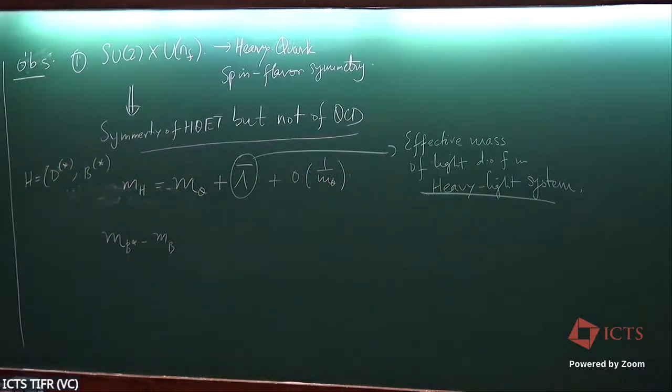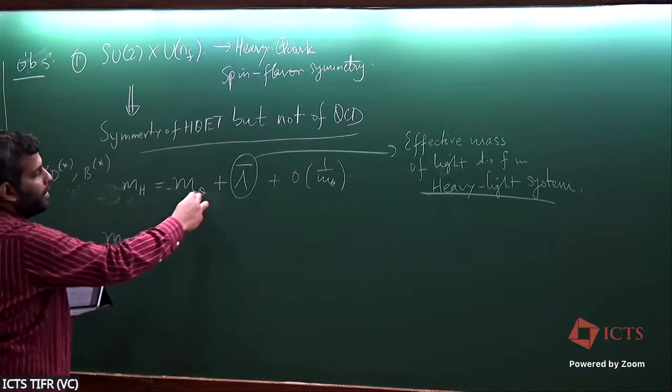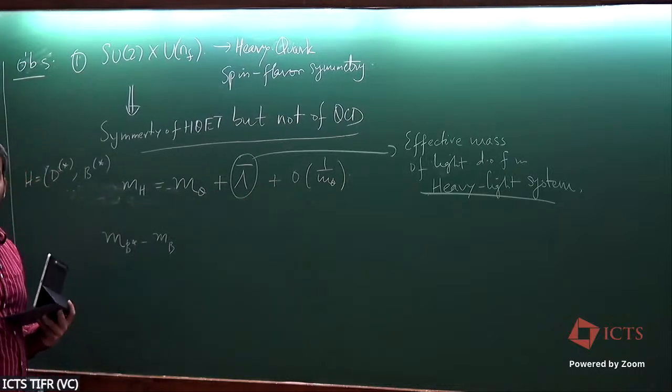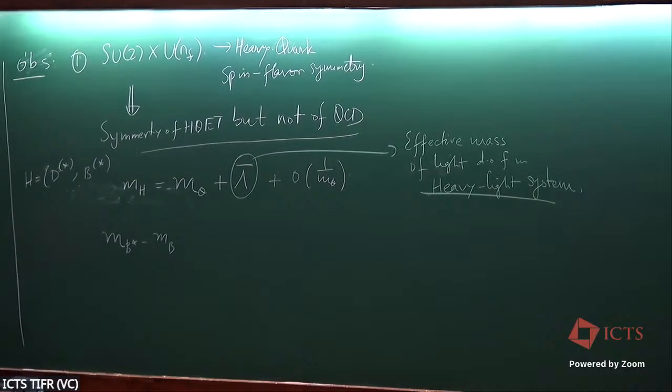You should note that if the heavy quark mass is scheme dependent, this means this is also scheme dependent. Any other terms that would appear up is scheme dependent, but anything on the left-hand side is scheme independent, okay? Because this is associated with the D meson mass that is seen in PDG or B meson mass in PDG.